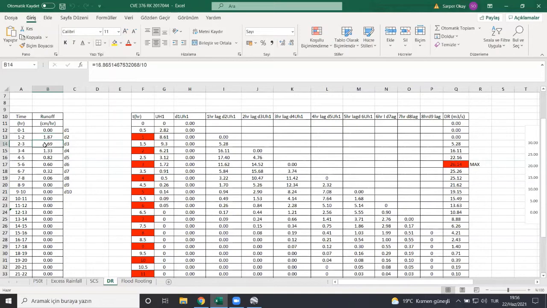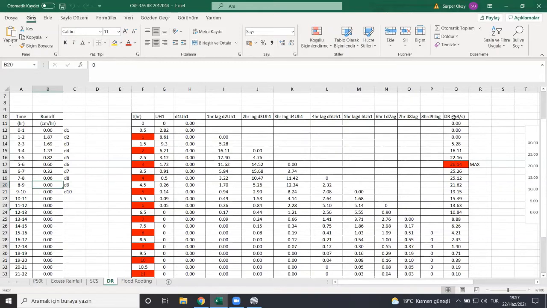So then we have 2 hour lag, 1.69 OH1. 3 hour lag, 1.33 OH1. This D1 means this one, D2 means this one, D3 means this one. It goes like this. You need to do for all these values because it goes till the 7 hour lag, okay? So as you see, when we come to the 8 hour lag, it's 0 again.